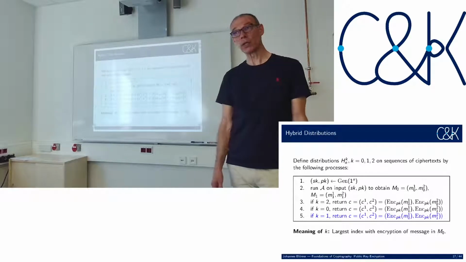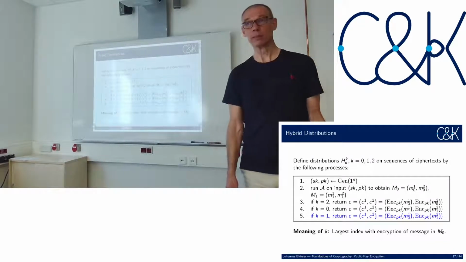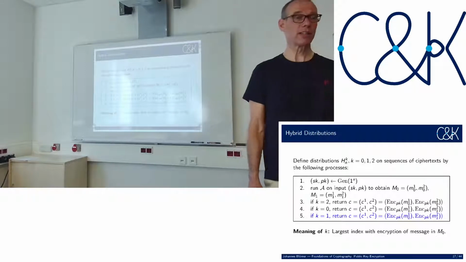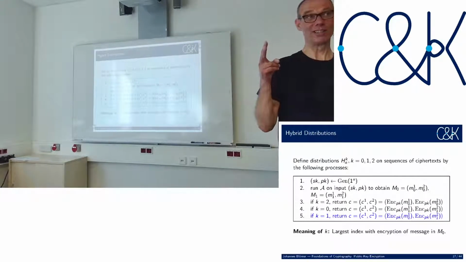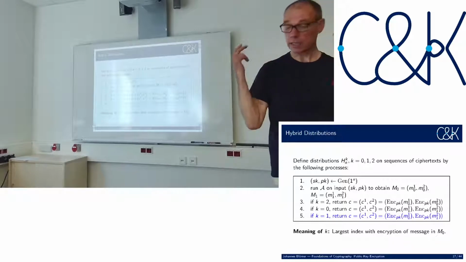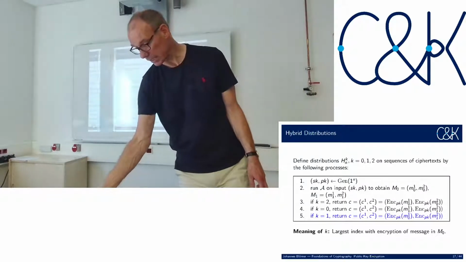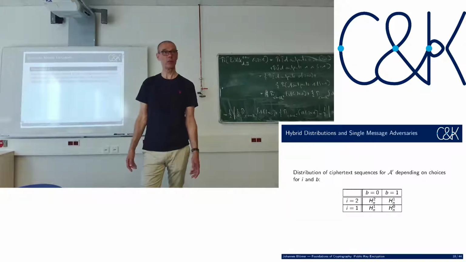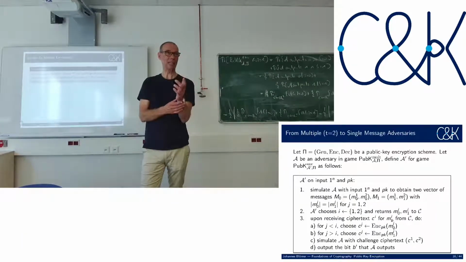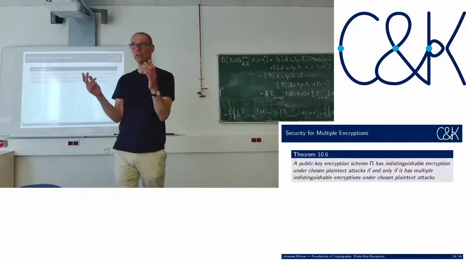In the second part, we actually construct a public key encryption scheme. But we'll construct it for the message space {0,1}. As I said, that's not really such an exciting thing, but given our theorem 10.6, once we have it for {0,1}, we actually have it for {0,1}*.